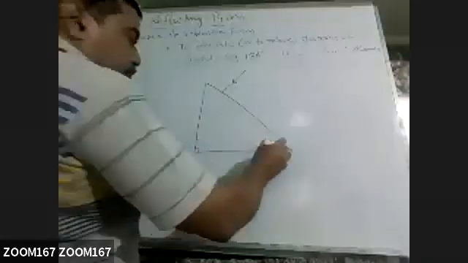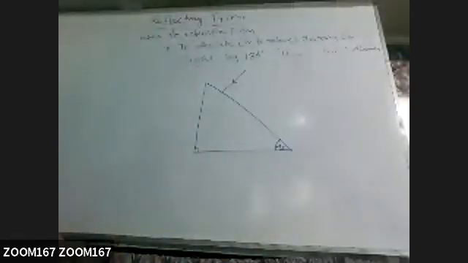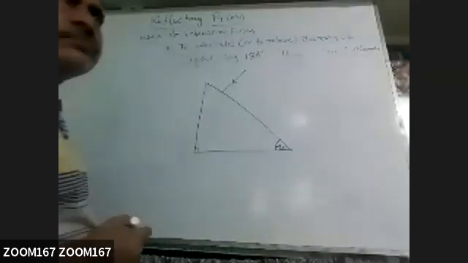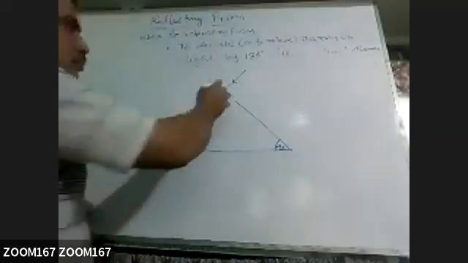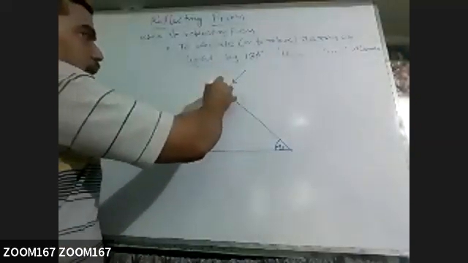Now the ray is incident like this. Complete the ray diagram. So it will come undeviated, and it is 90 degree here.